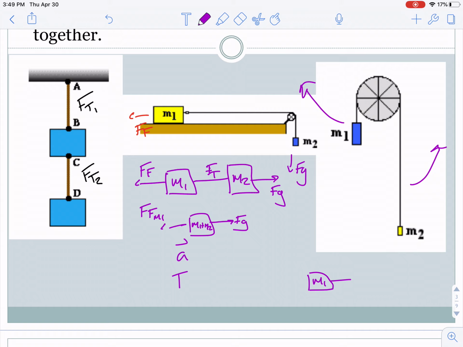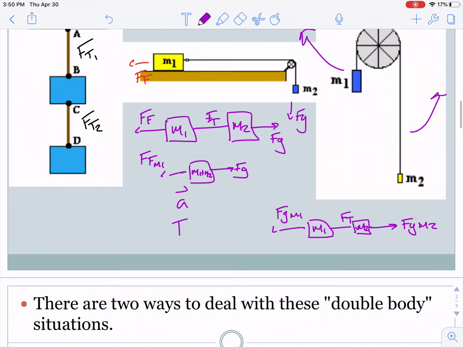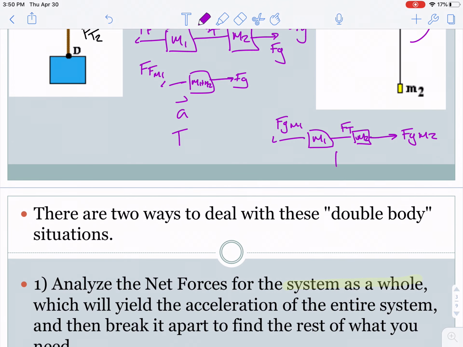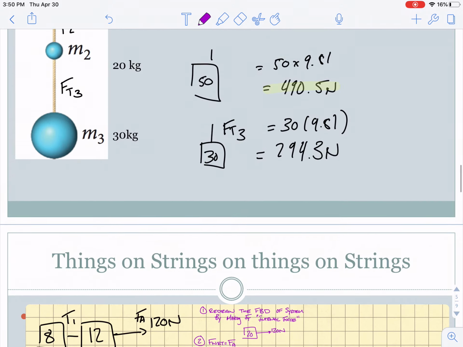M1, FT, M2. And this one is just being pulled by FG of M2. And this one is being pulled by FG of M1. Then we redraw as a total block, M1 plus M2. Find the acceleration, then look at each block individually. Okay?